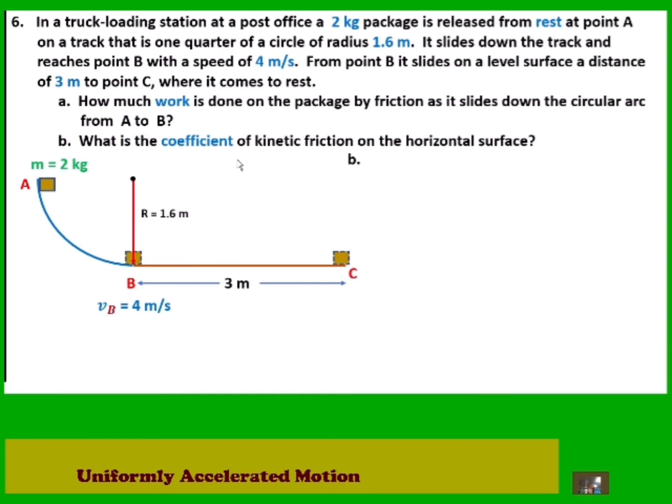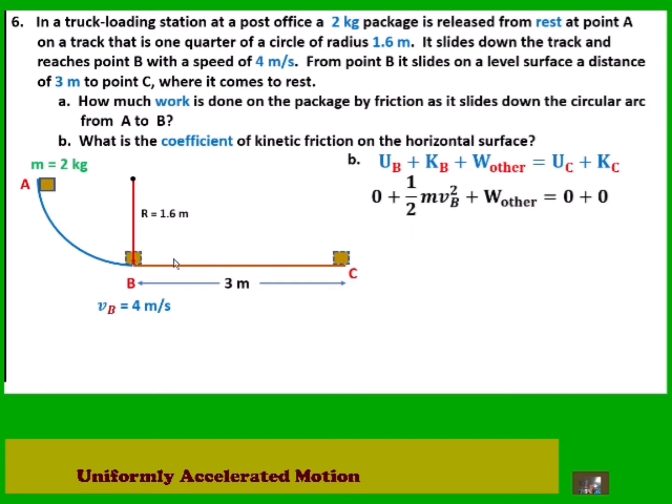Letter B, what is the coefficient of kinetic friction on the horizontal surface? So from energy conservation principle, we will consider the motion of the package from B to C. At point B, its potential energy is equal to 0. Its kinetic energy is 1/2 m v sub B squared, plus other work done due to the kinetic friction. At point C, its potential energy is 0 and kinetic energy is 0 since it is at rest.